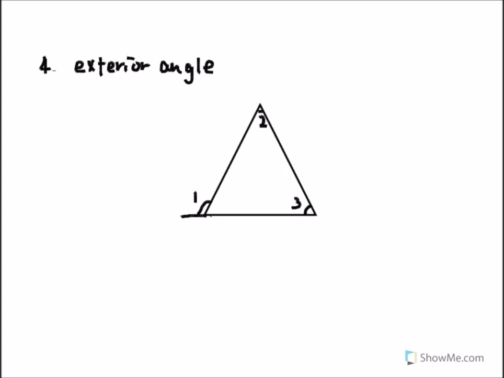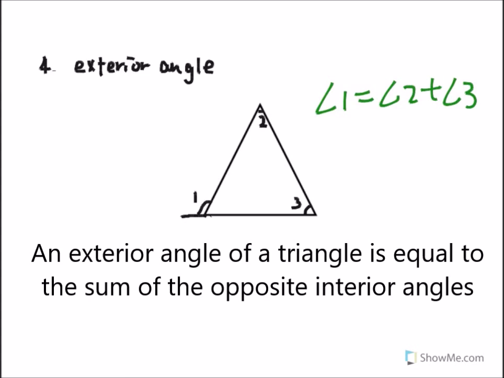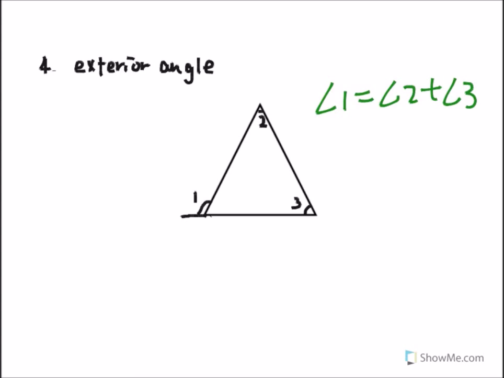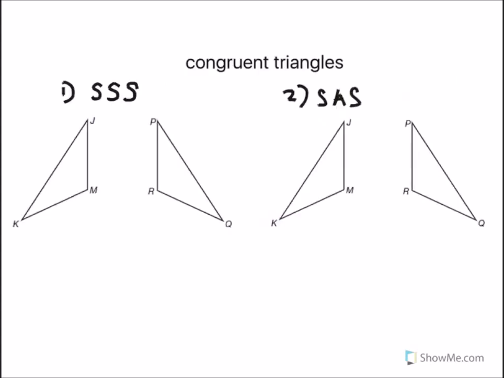In this case, angle 1 would be equal to angle 2 plus angle 3. If I say it in words, an exterior angle of a triangle is equal to the sum of the opposite interior angles. It applies to all exterior angles in a triangle, but you just have to change the interior angles accordingly.